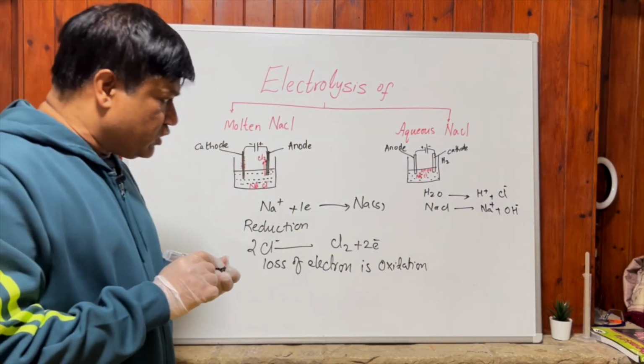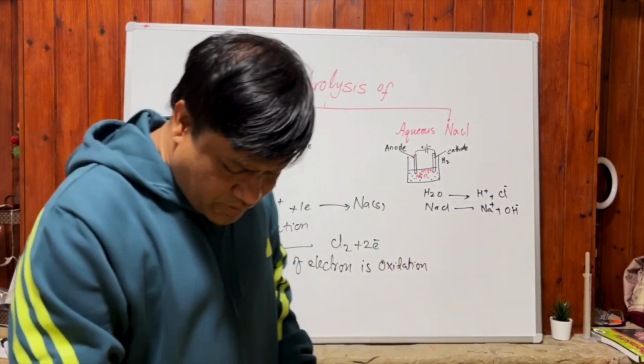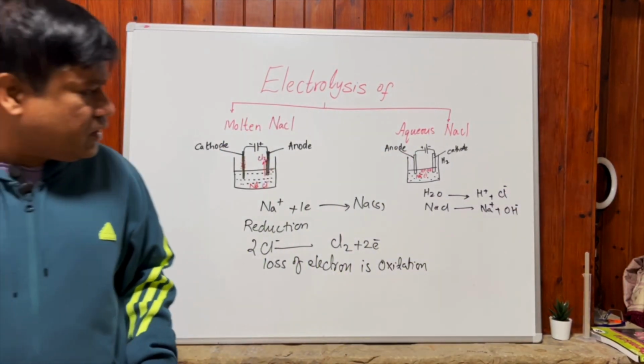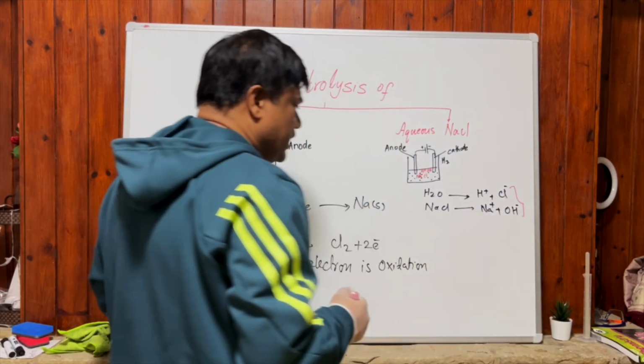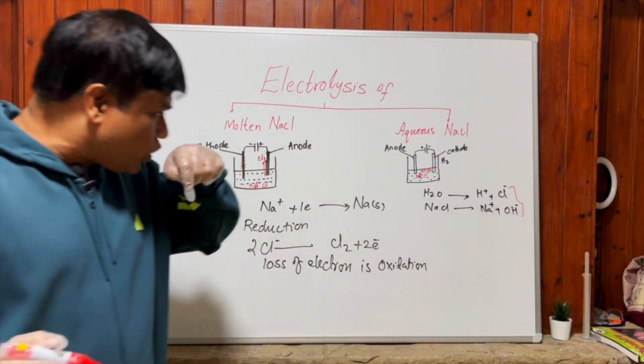Now look at the two negative ions. When we have two negative ions, which one will discharge? Either the Cl minus chloride ion or the hydroxide ion.